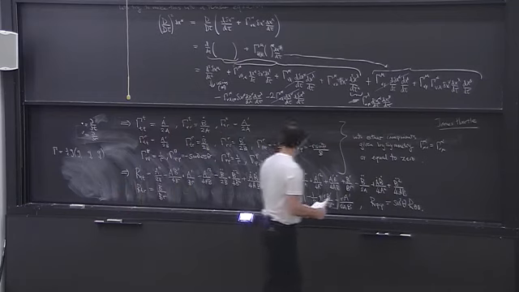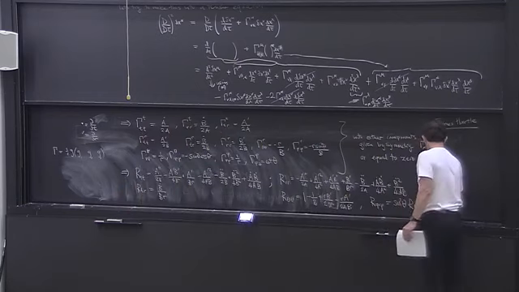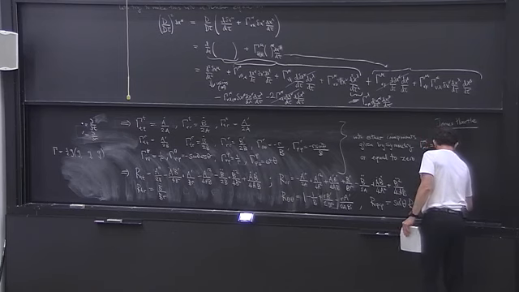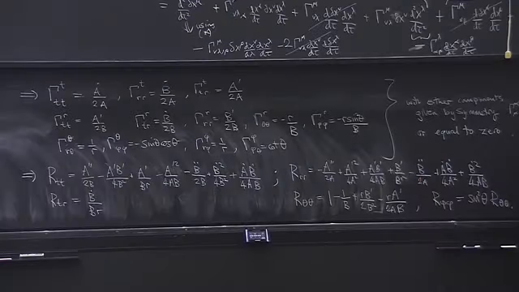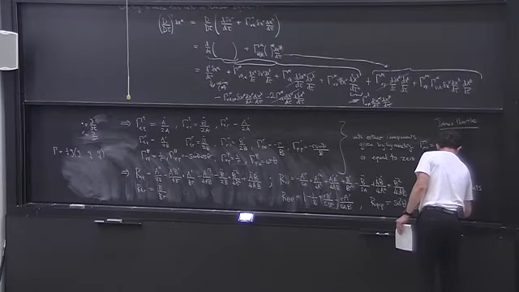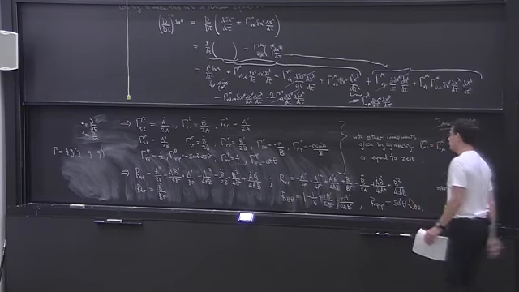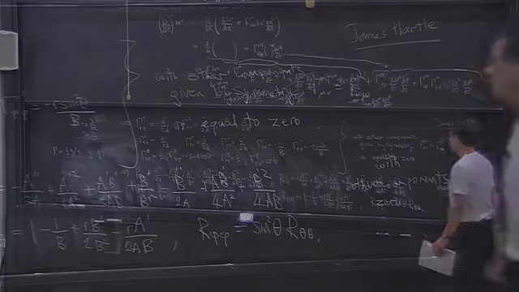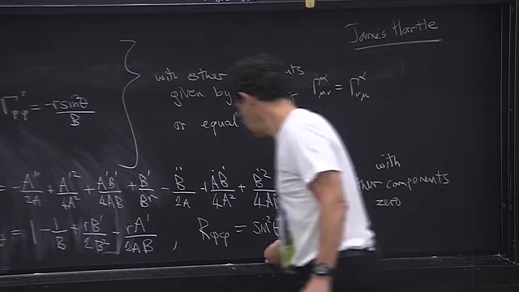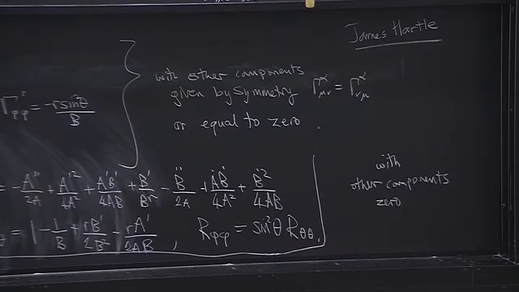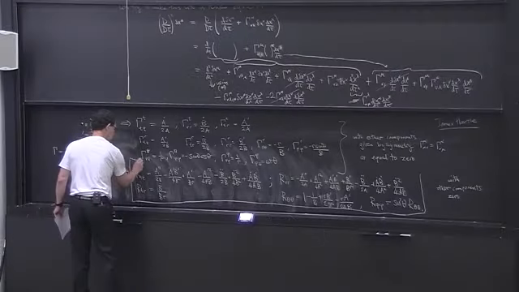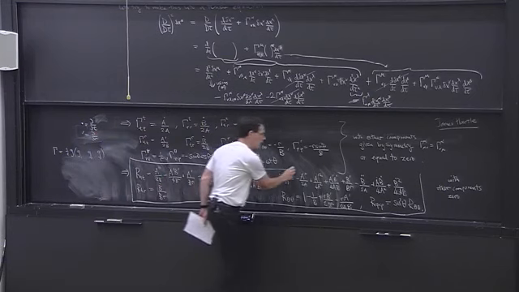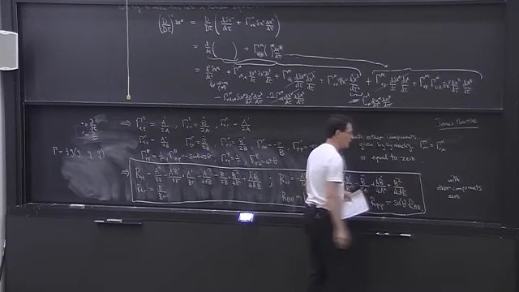So that's it. The other components are 0. So these are the Einstein equations for spherical symmetry.